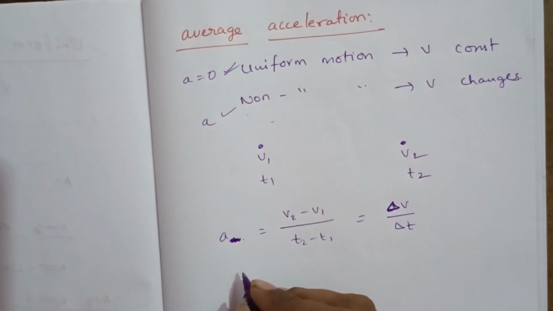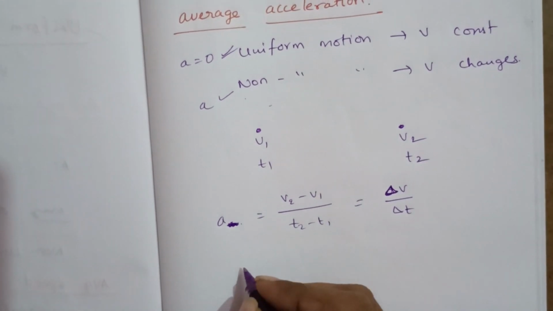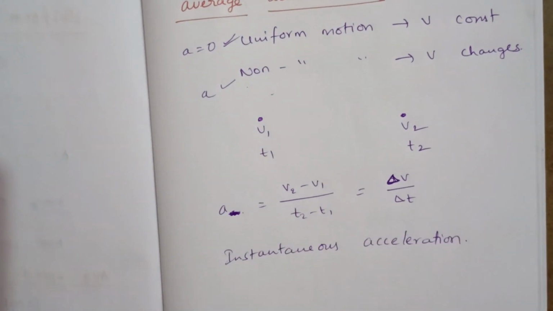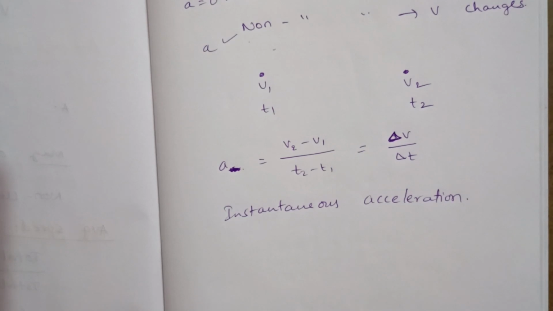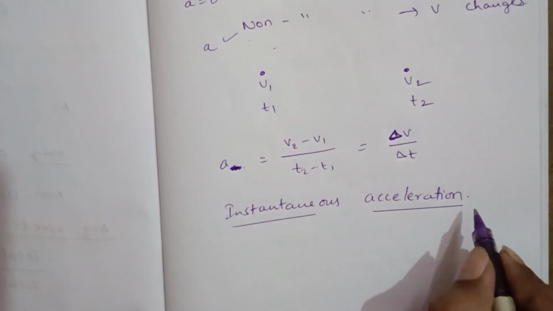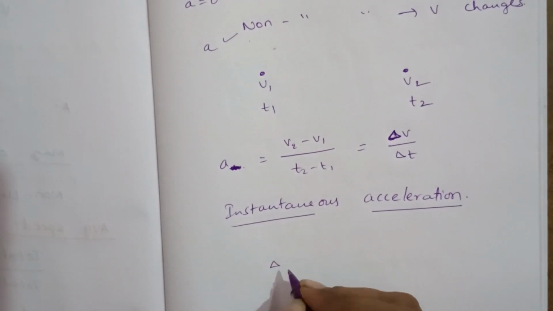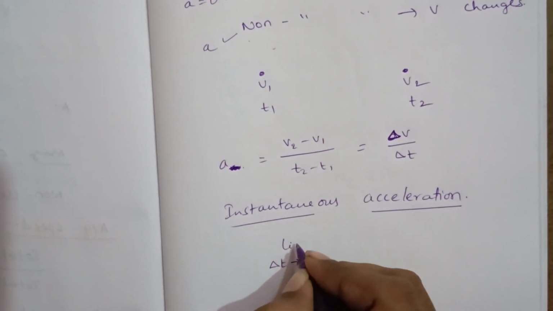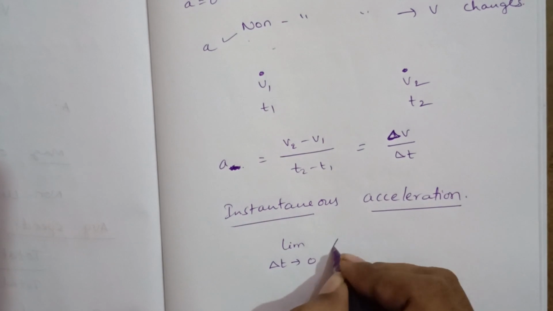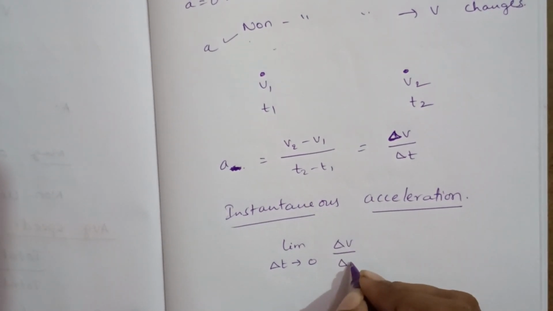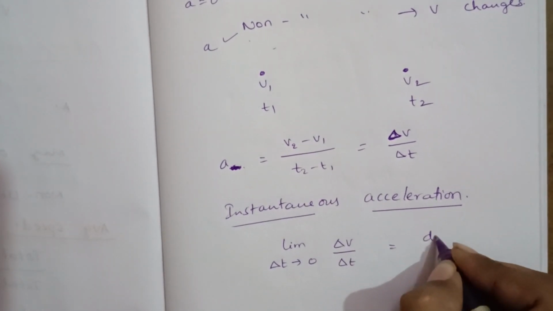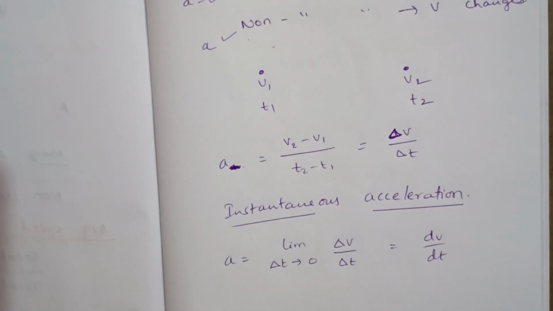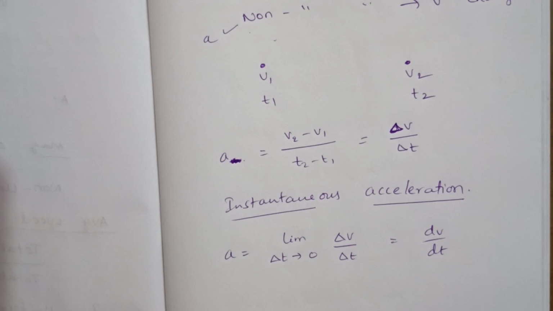Like instantaneous velocity, we have instantaneous acceleration. Instantaneous acceleration means delta t tends to 0, limit delta t tends to 0 of delta v by delta t, which becomes dv by dt. Acceleration equals dv by dt.